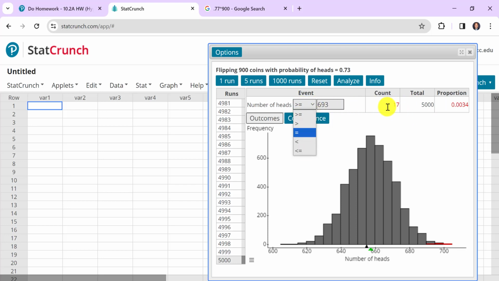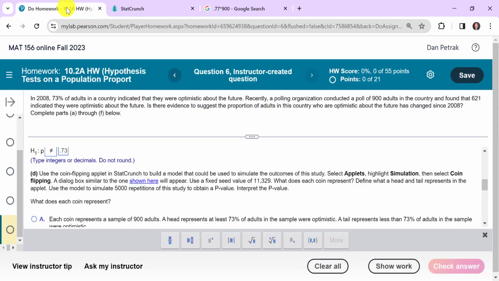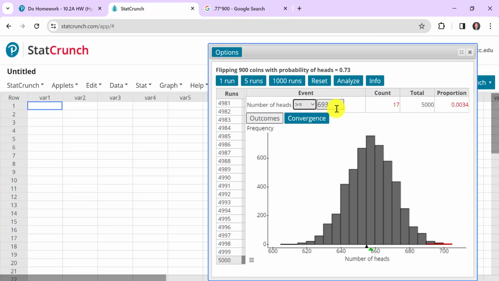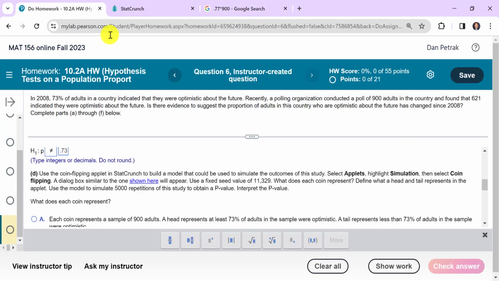And if we add that 17 to less than or equal to 621, that's 17 again. So let's see, 34 times out of 5,000. So that's not very probable.